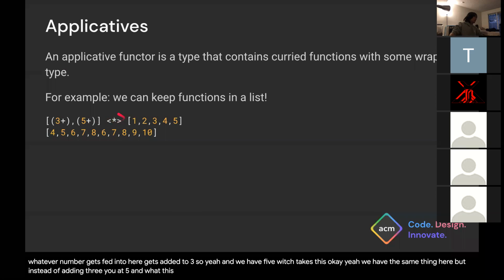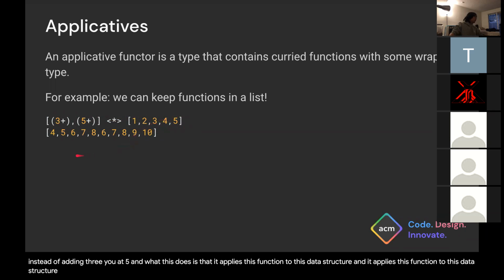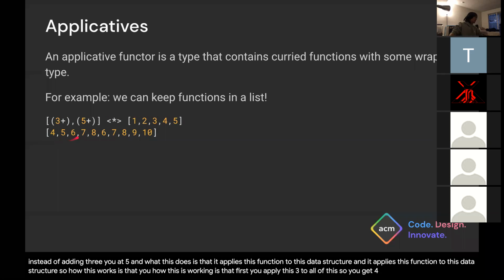What this does is that it applies this function to this data structure, and it applies this function to this data structure. How this works is that first you apply 3+ to all of this, so you get 4, 5, 6, 7, 8.